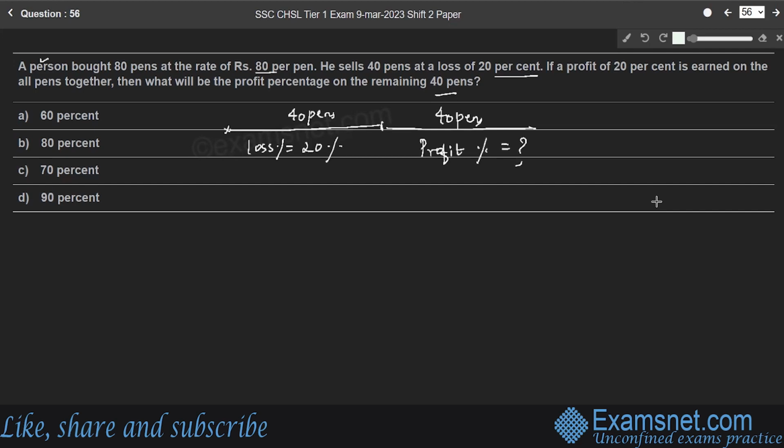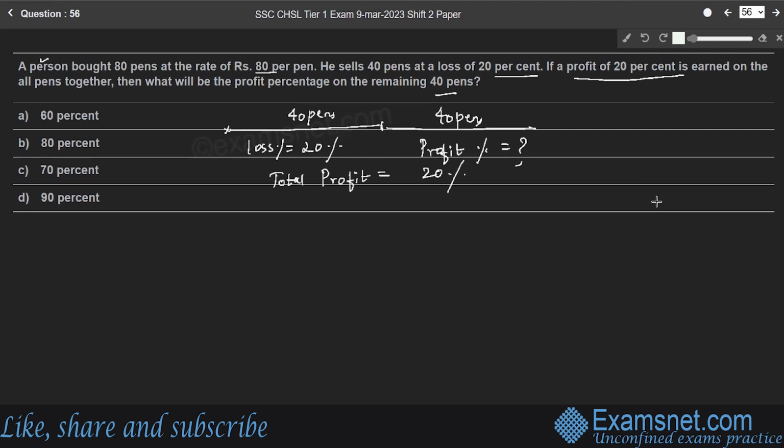Given that he gains a profit of 20% by selling all the pens together, so there is a total profit of 20% by selling all 80 pens, right?